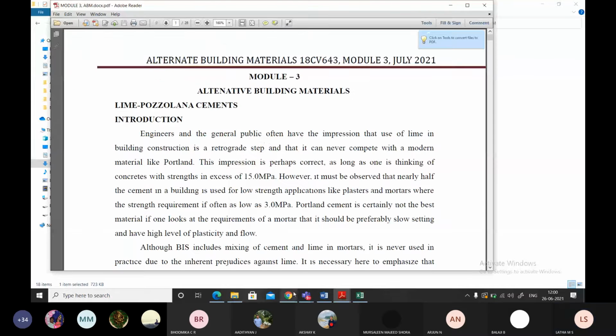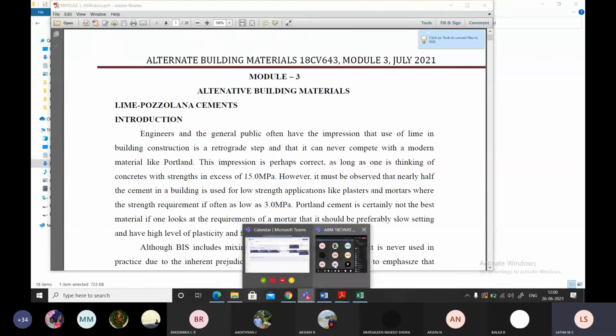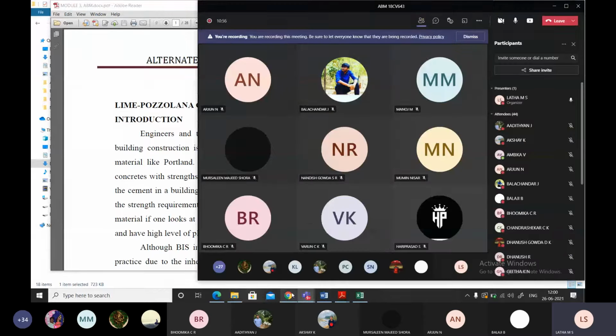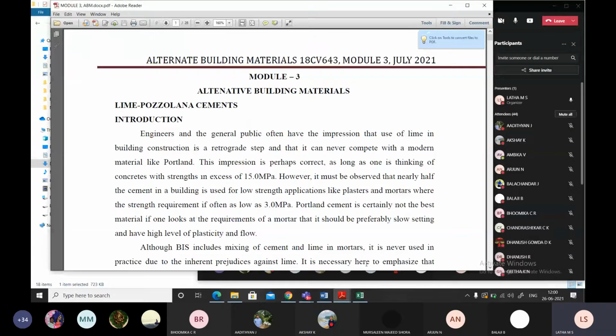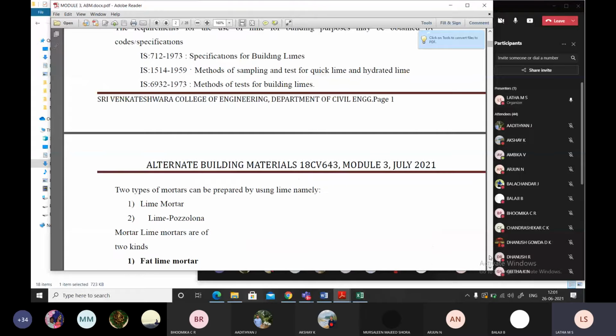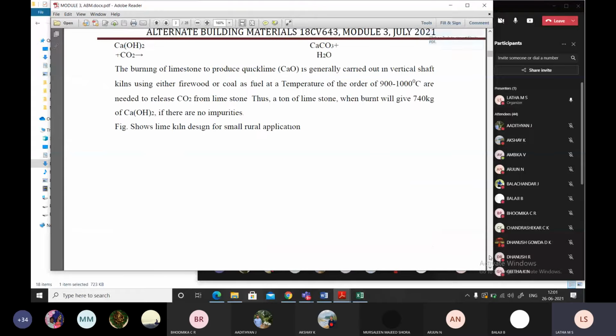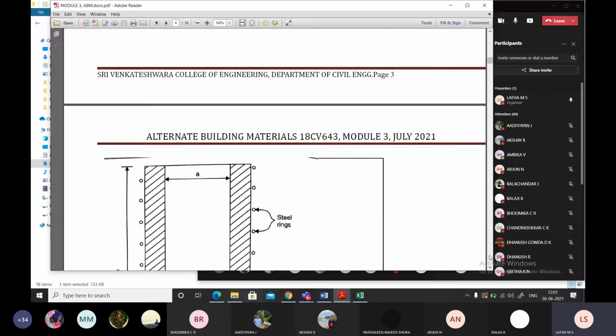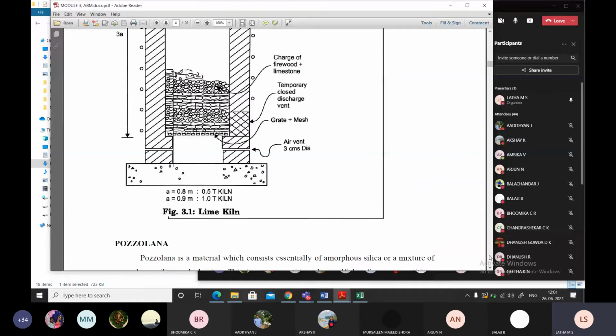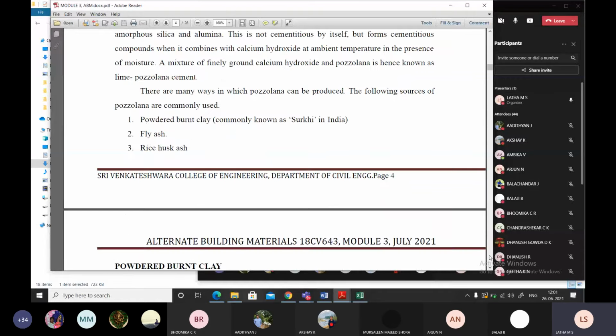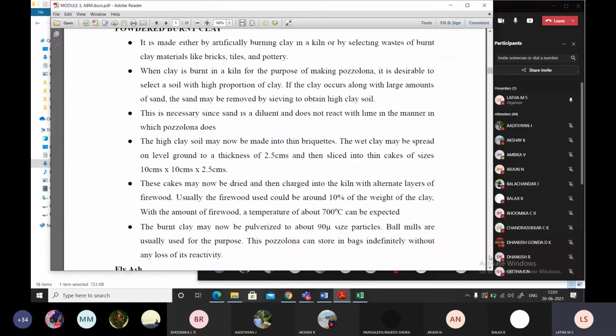Now, in the third module, what was the discussion about, students? Alternative building materials. We spoke about lime, pozzolana, raw materials, the manufacturing process, how to extract the lime materials, how to get the pozzolana materials, how to get the fly ash.